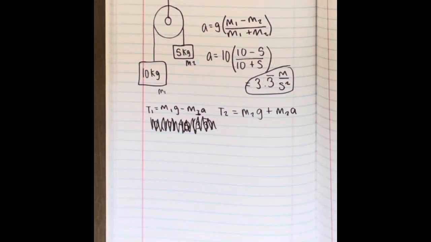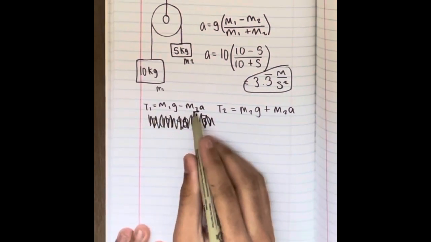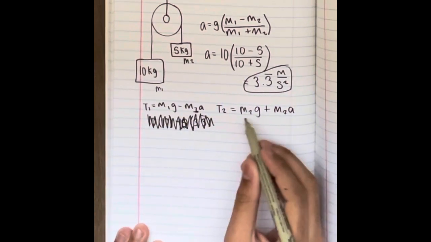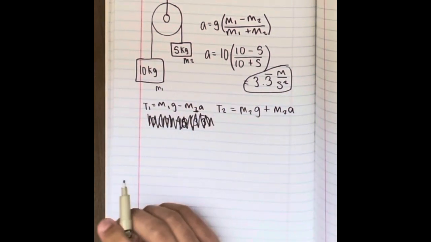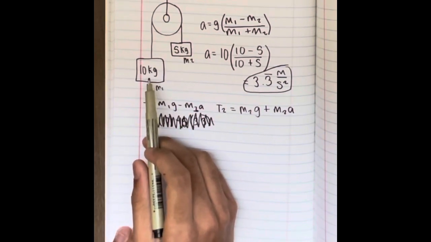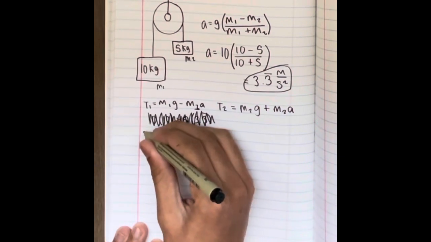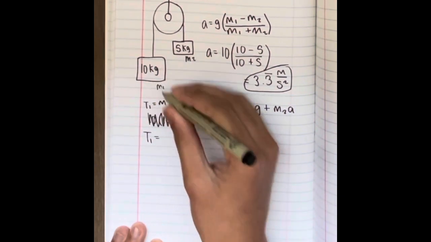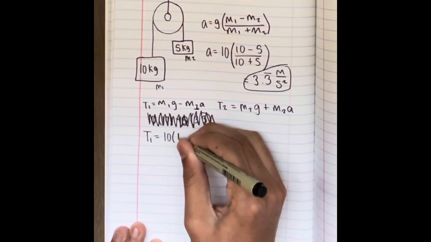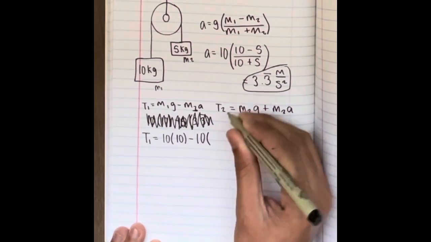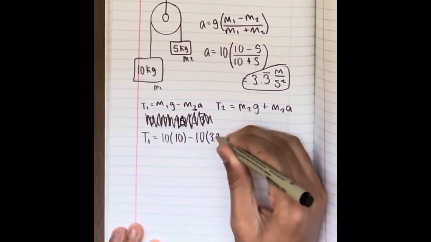So let's use both equations that we derived to solve for the tension force. We can only use this equation if we know the mass of m1, and we can only use this one if we know the mass of m2. We can't just have one mass and use it for whichever equation we want. That's not possible. Okay, so T1 equals the mass of 1, which is 10, times g, which is also 10, minus 10 again, times the acceleration, 3.3.